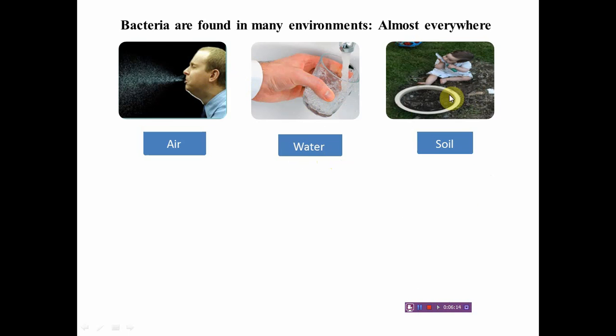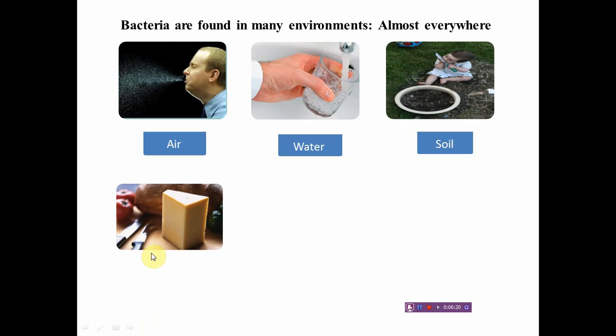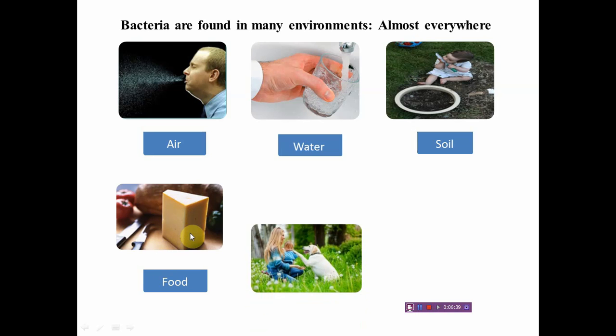The soil contains a variety of different microorganisms, predominantly bacterial cells. They are also present in the food items which we consume, like curd, milk, raw milk, or some fermented items, buttermilk, cheese, paneer, and the bacteria are present in those food items.